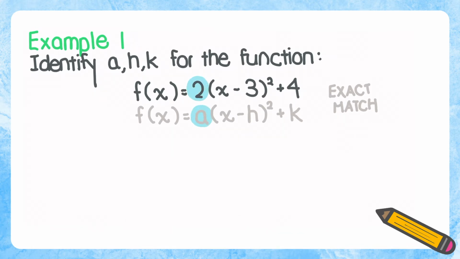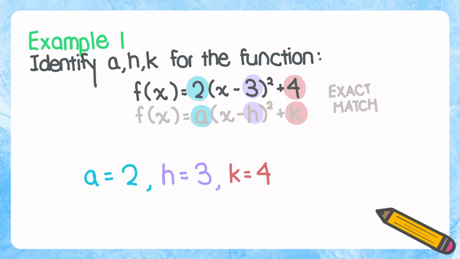So a is replaced by 2, so we know that a equals 2. h is replaced by 3, so h equals 3. And k is replaced by 4, so k equals 4. We identified a, h, and k. a equals 2, h equals 3, and k equals 4.